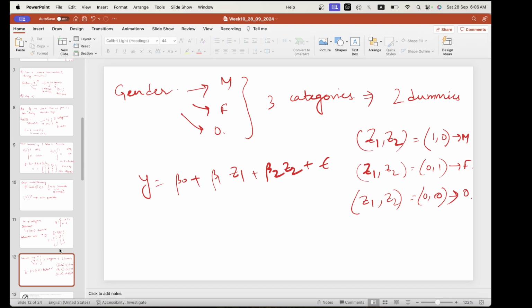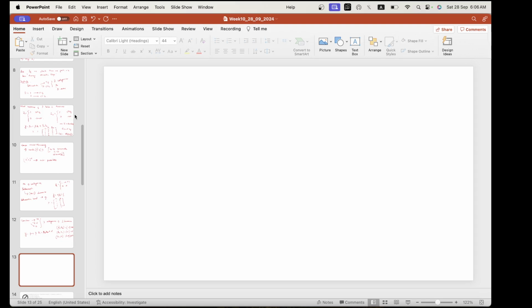Now, once we have chosen the number of dummy variables, next we have to see what sort of research question we are trying to address.